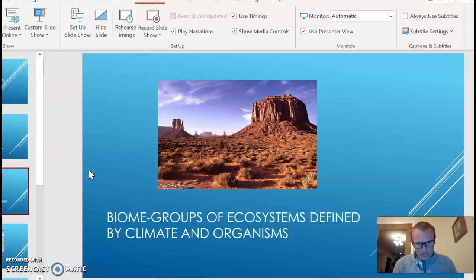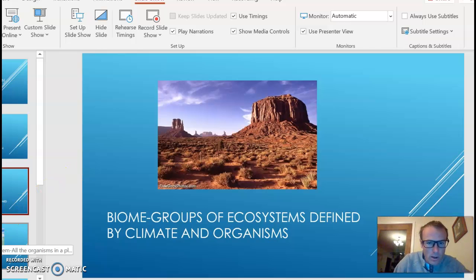And so climate is this not living component of our Earth, but it has a huge impact on the kinds of organisms that can live there. If you look at this picture, we have a desert landscape. So we would say this is a desert biome. And so those temperature and precipitation averages really dictate the kinds of organisms, the animals, and the plants that can live in this environment.